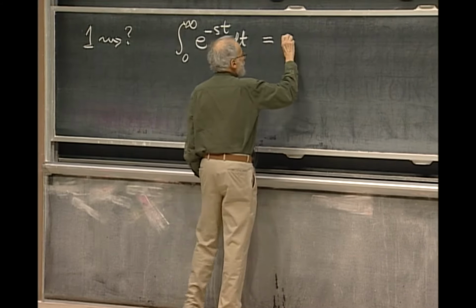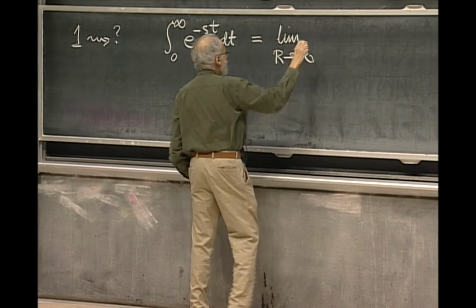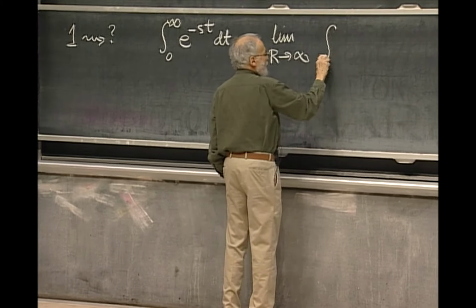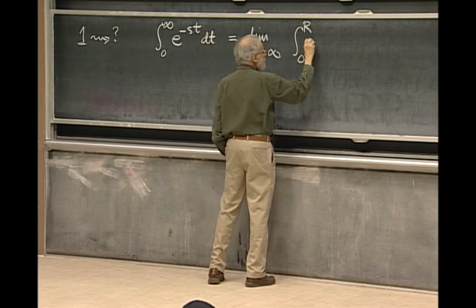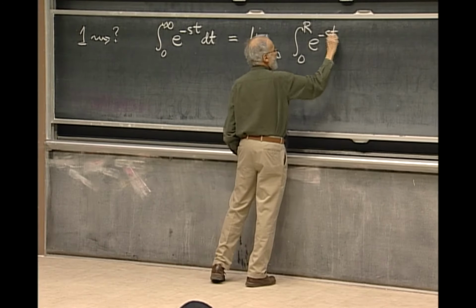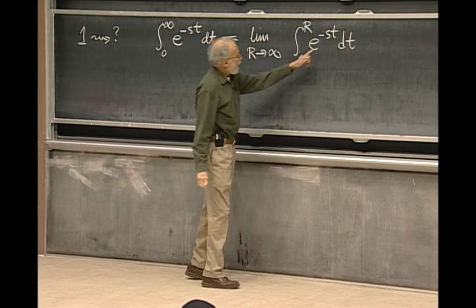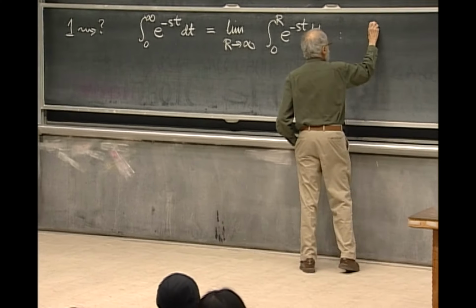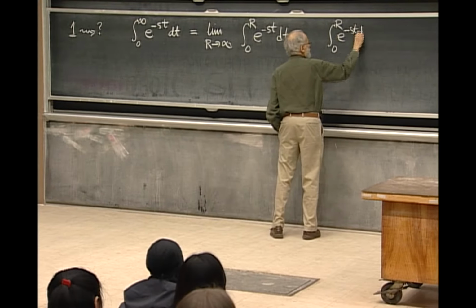So it's the limit as r goes to infinity of what you get by integrating only up as far as r. That's a definite integral. That's a nice Riemann integral. So this is what I have to calculate. And then I have to take the limit as r goes to infinity. Now, how do I calculate that thing? Well, this integral is equal to, that's easy.